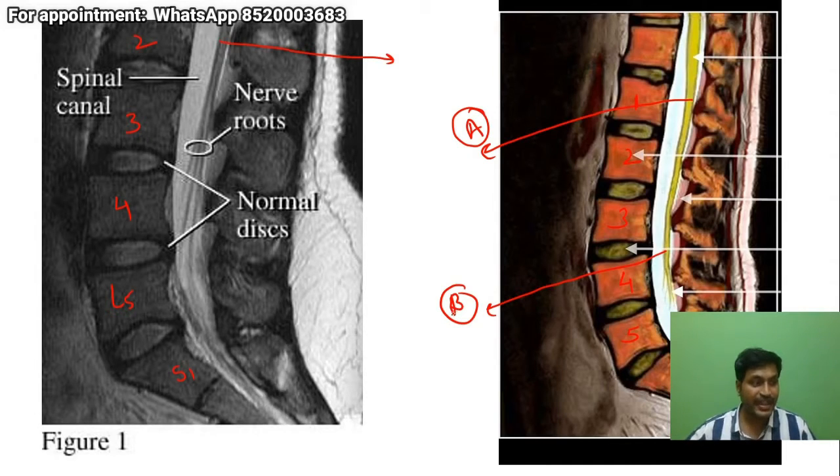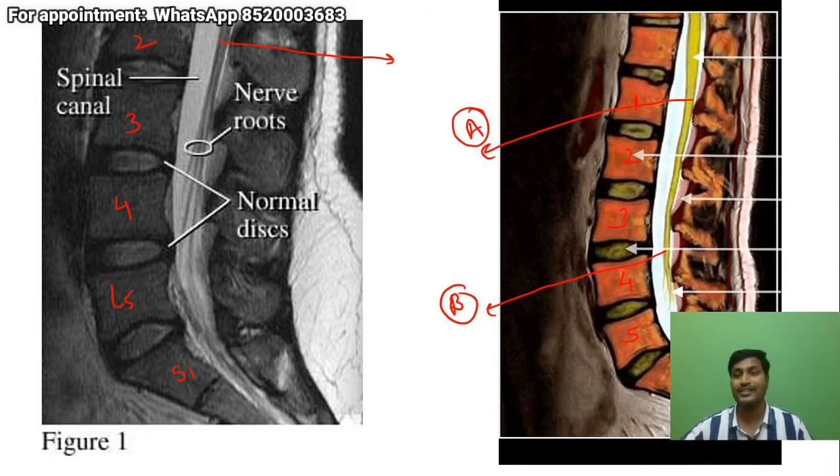What is the difference between A and B? Yeah, all are parts of the spinal cord. Which part of the spinal cord is it? What is A? What is B? A is conus medullaris. What is B? Dr. Sandesh is saying it's conus medullaris.